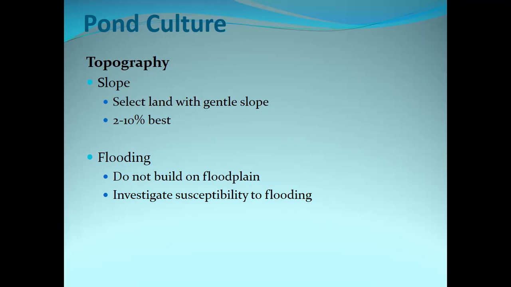On a slope, the water leaves from the shallowest end and moves towards the deeper end. So when that water is exiting the pond, all the fishes within the pond will move lower and lower into the deeper end. Basically, you can concentrate all your fish or all your aquatic organisms in just that one particular area.